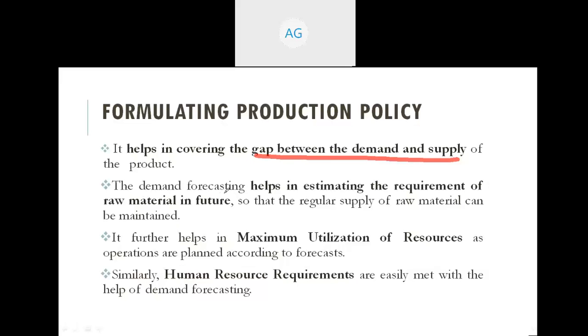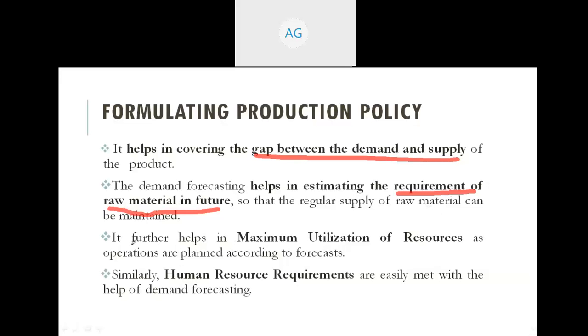Demand forecasting helps in estimating the requirement of the raw material which is required in future, so that the regular supply of raw material can be maintained. Whatever quantity is demanded, that much quantity must be supplied.